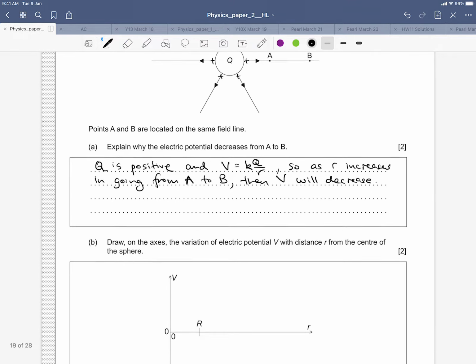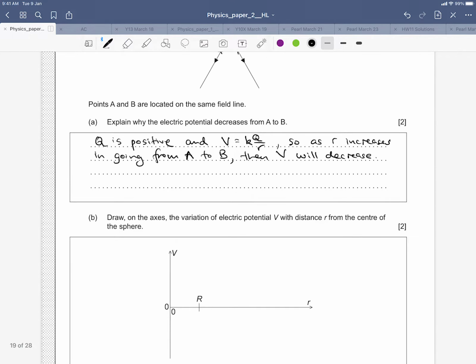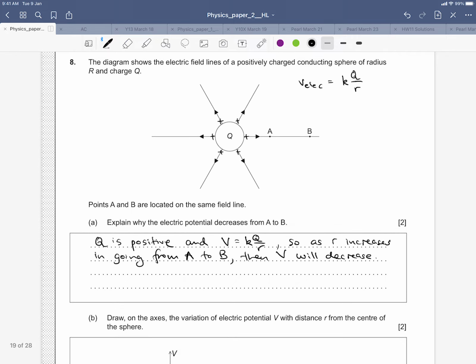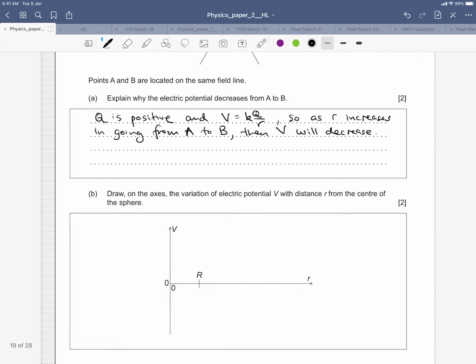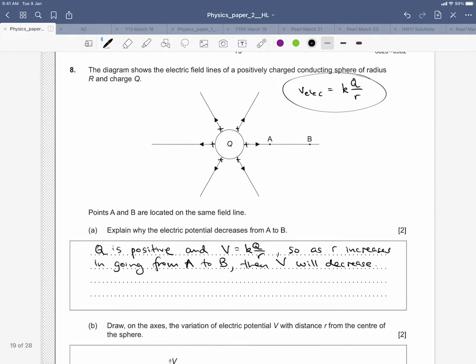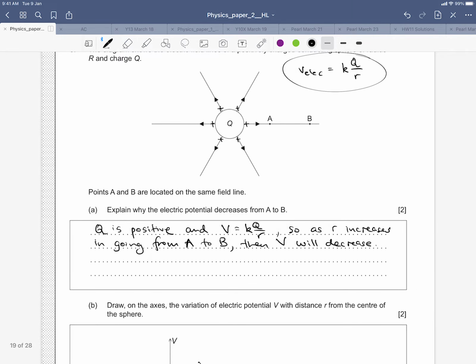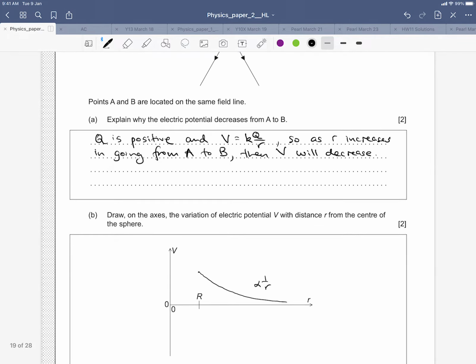Okay, we have to draw the variation of electric potential. So yes, the variation is, as we have just mentioned, outside of the sphere, a hyperbola from R onwards that decreases and approaches 0, proportional to 1 over r. But what about inside the conducting sphere? Well, we have to remember that in electrostatics, the electric field inside of a conductor is 0, which means we have a constant potential.